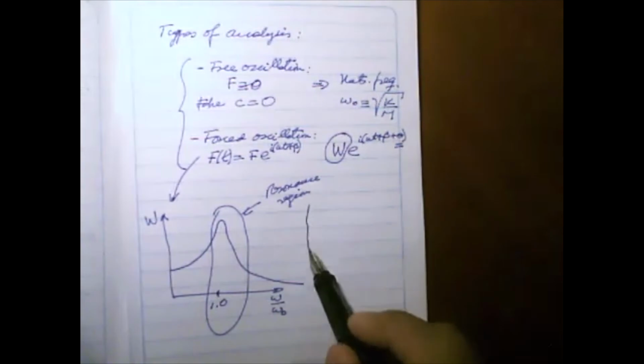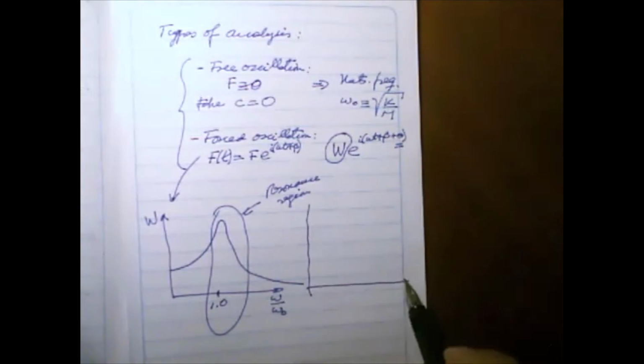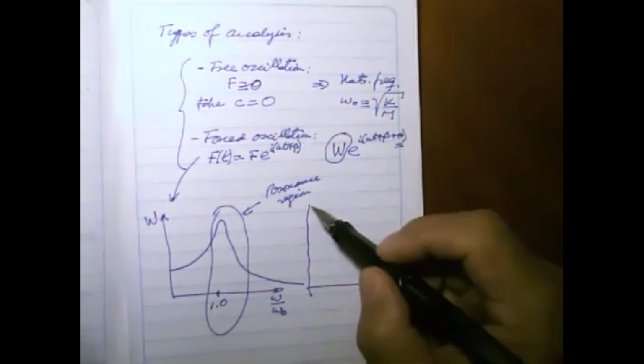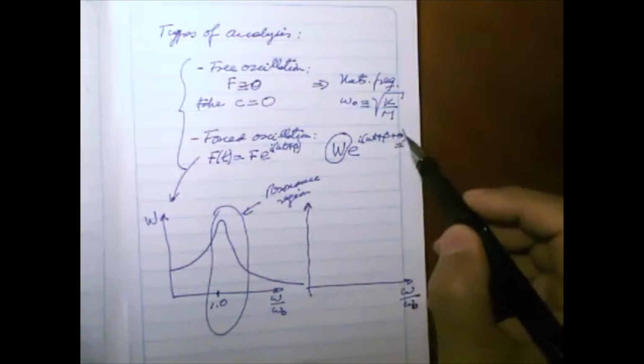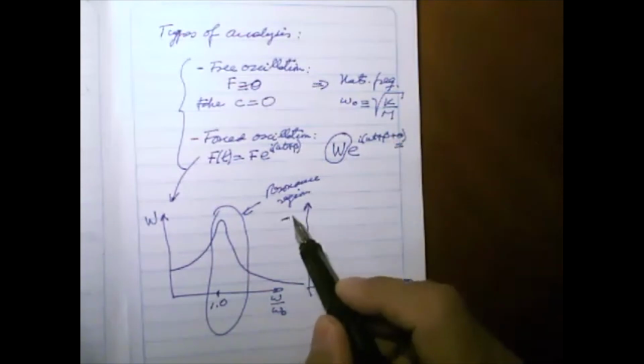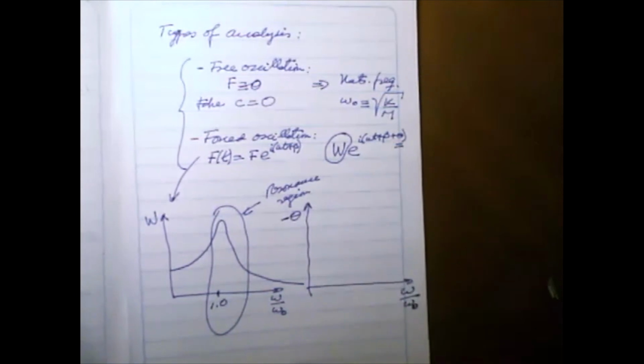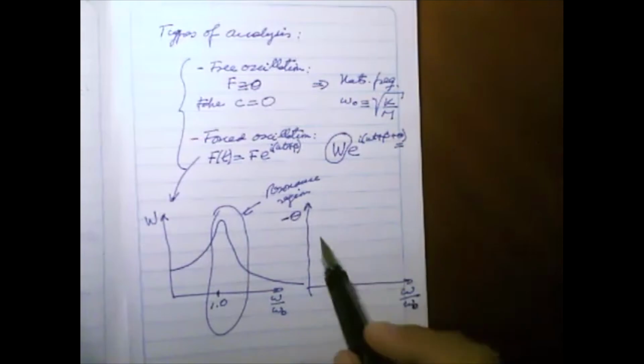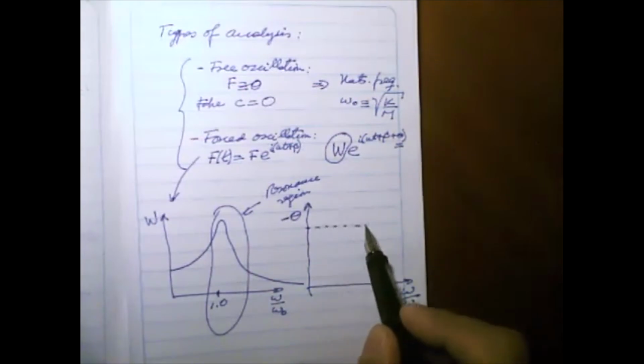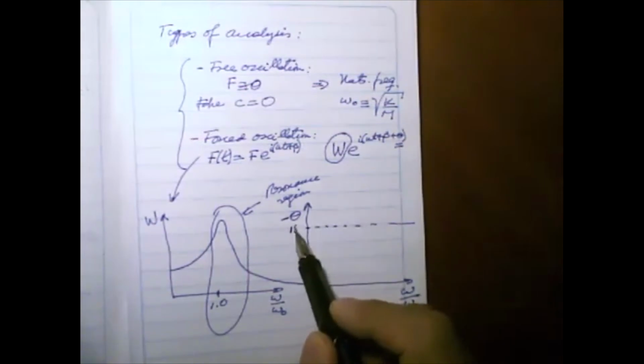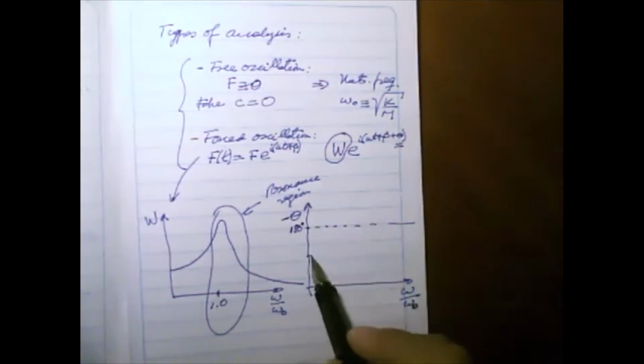Okay, so we represent that, remember, with the same ratio in the abscissa. And here, instead of plotting theta, we plot the negative of theta. So we will get a positive value, okay? And we usually have one value of 180, this is degrees, this is 90.